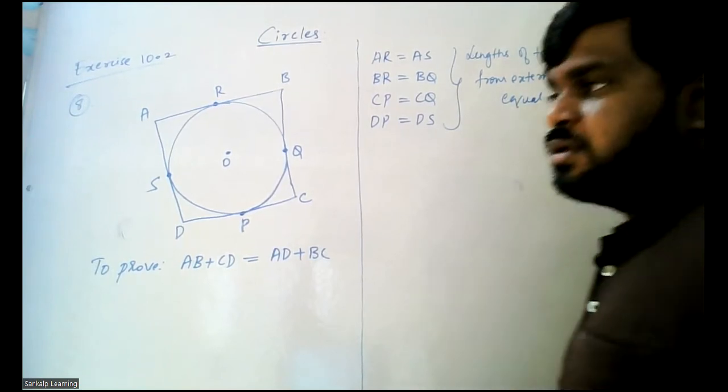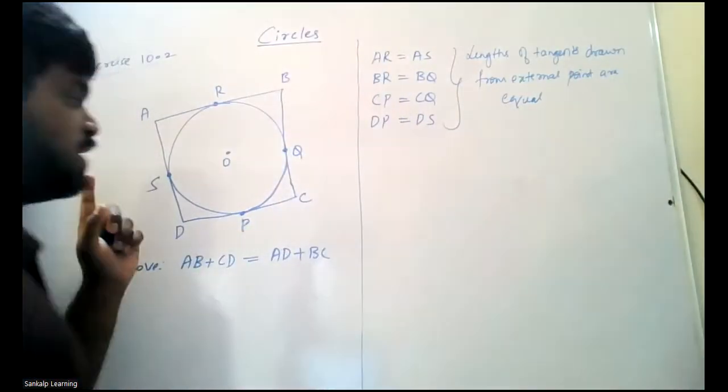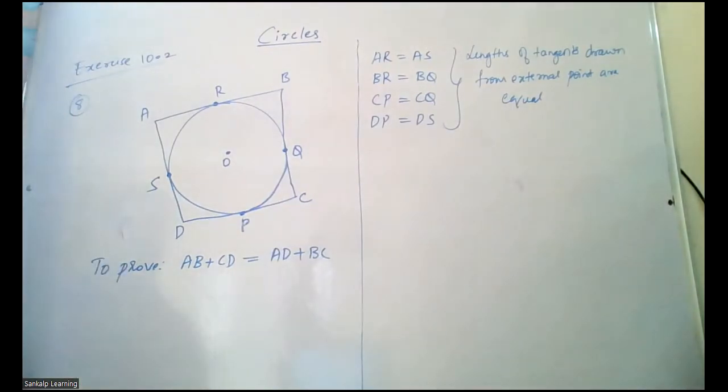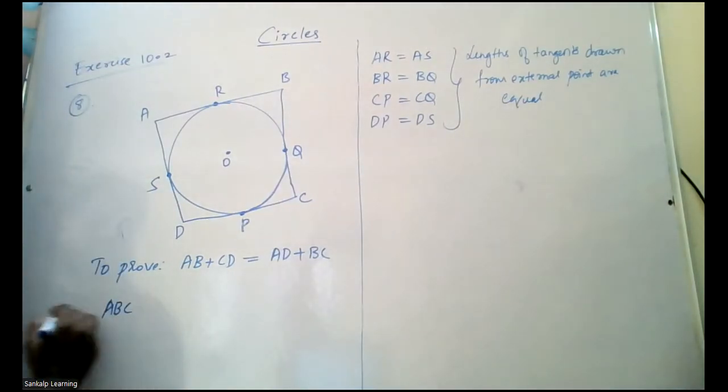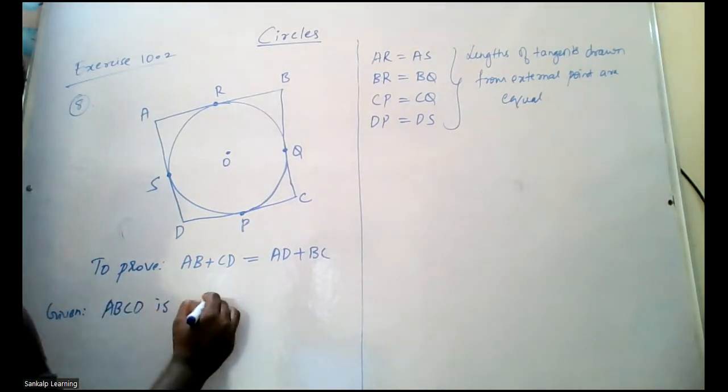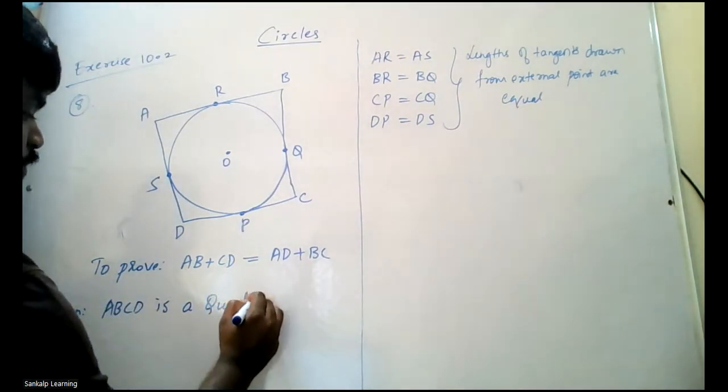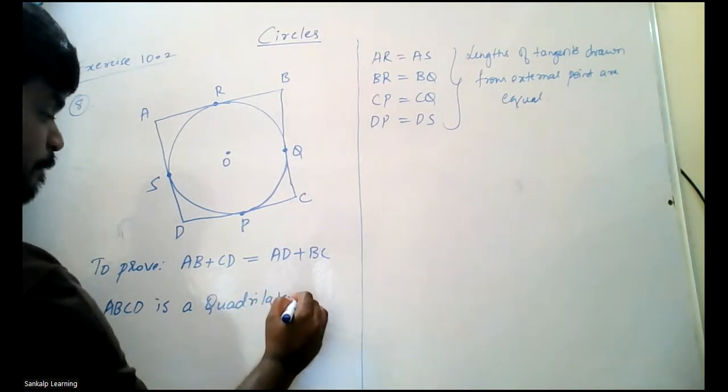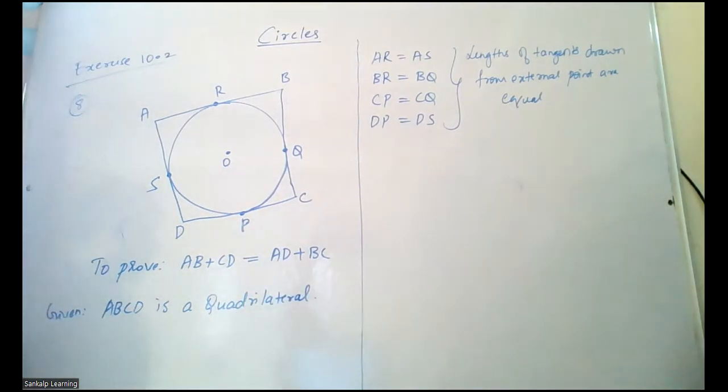Okay, that is the reason. Here, what is ABCD? ABCD is a quadrilateral. Remember that. This is given. Now, this is what we have to prove.